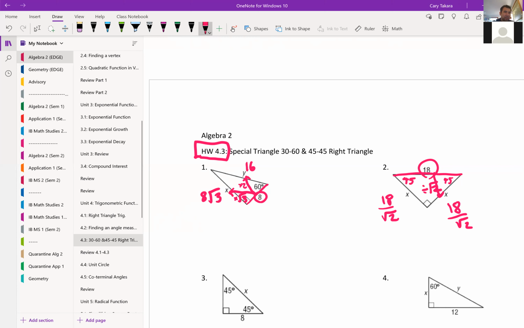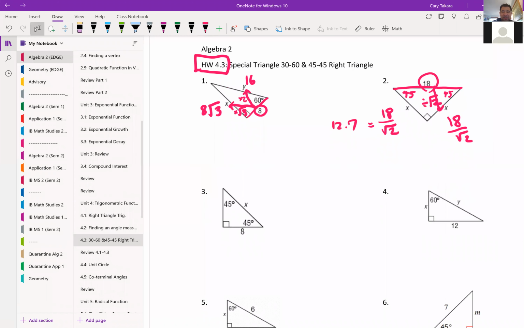You don't need to convert it into decimal, but if you did, it's 12.7. And you have to round off because it's an irrational number. Okay, you guys are with me?